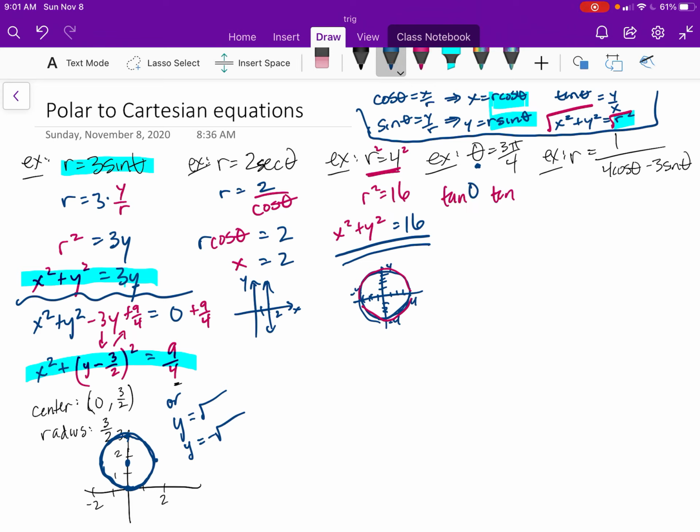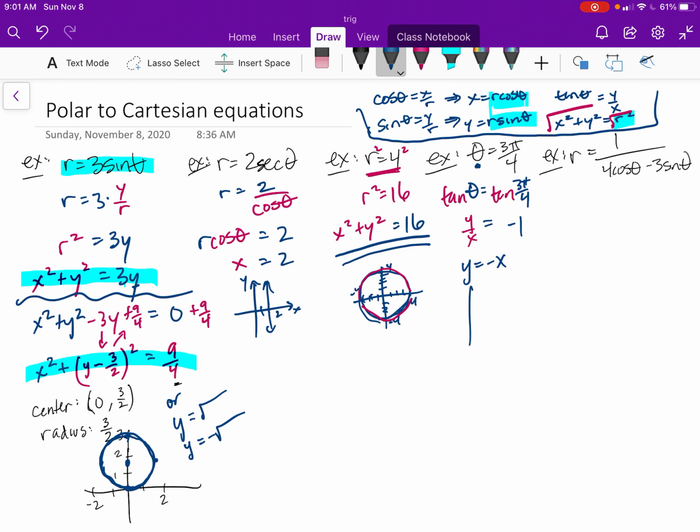So what we do is we take tangent of both sides. So tan theta equals tan 3 pi over 4. Tangent of 3 pi over 4 is negative 1, and then we make this substitution, tan theta is y over x. So y over x equals negative 1, and we solve for y because we're in a Cartesian equation, so multiply by x, so y equals negative x.